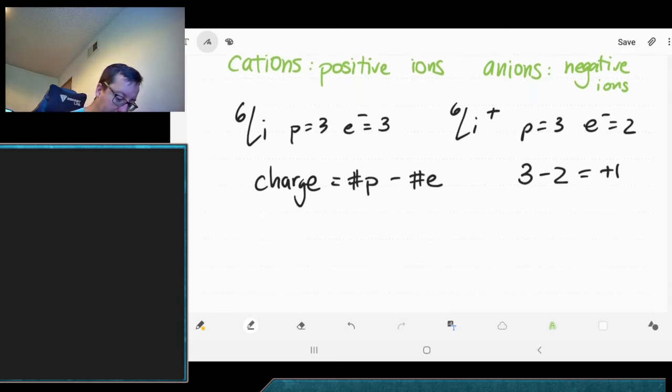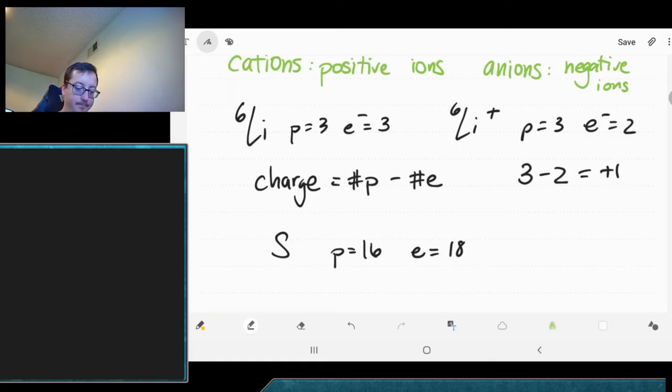If we take something like sulfur, I typically write e-, but that's just electron, because they're negatively charged, right?